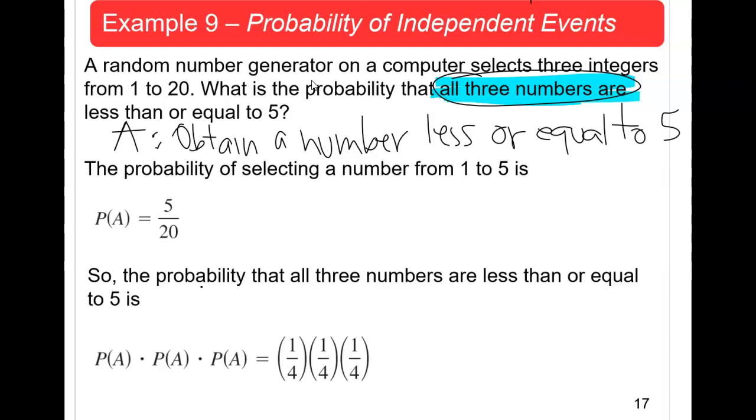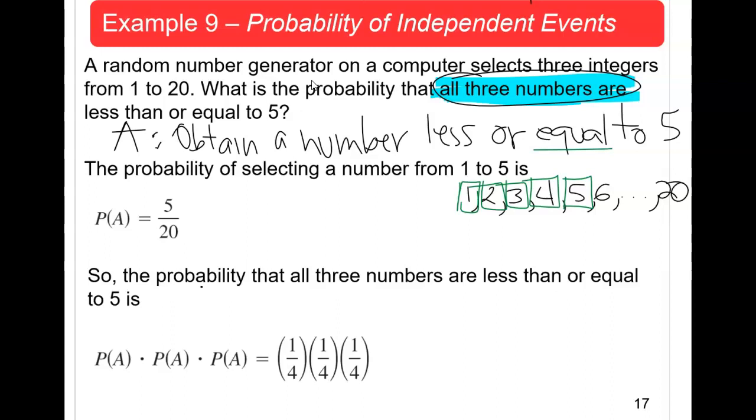So how many numbers are from 1, 2, 3, 4, 5, 6, and all the way to 20? The only numbers that will satisfy that condition will be 1, 2, 3, 4, and also 5, because we have the word equal. If it said less than 5, we would stop at 4, but we have equal.